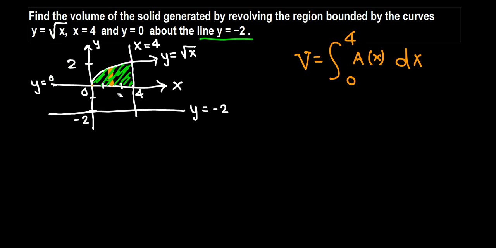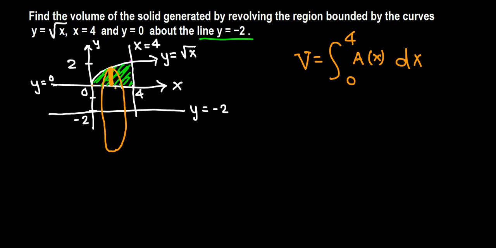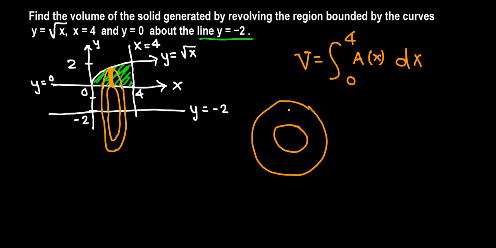Okay, let me erase that part. Now when we rotate this sample rectangle about y equals -2, we'll have a disc with a hollow inside, which we call a washer. Let me draw over here. So we'll have this outer disc, inner disc, there is a hollow inside, and here is the center, y equals -2.